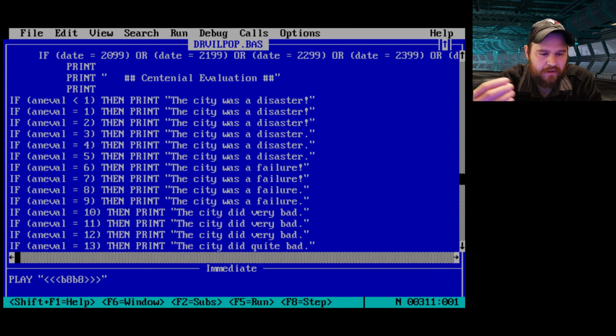So if your annual evaluation is less than 1, then print the city was a disaster, like it was the most terrible century of all, with an exclamation mark. Once it's up to 3, it's a disaster without the exclamation mark. Excellent. The city was a failure.